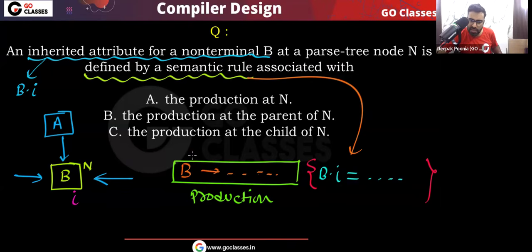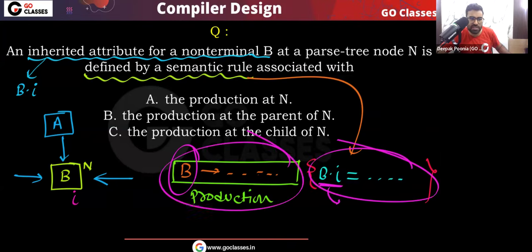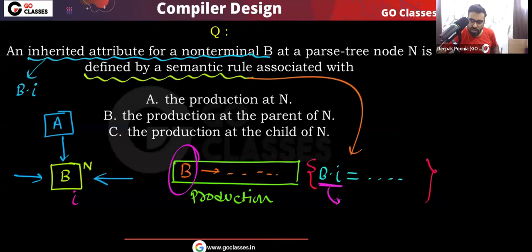Now you can see if B is on the LHS and you are computing an attribute of the LHS, then this will become a synthesized attribute. Yes or no? Do you agree with me? Very simple point I am saying. If this B is on the LHS, then in this semantic rule for this production, you are computing an attribute of the LHS.